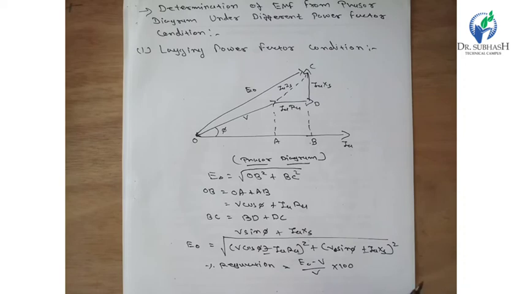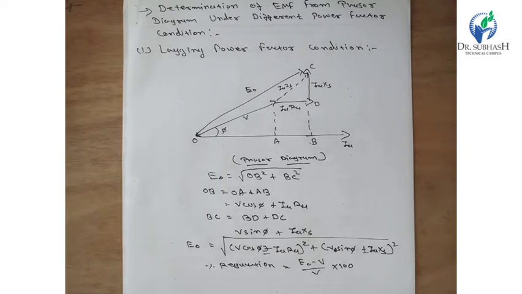The regulation found by this method is always more than that found by the direct loading test. Hence the EMF method is called a pessimistic method. The value of impedance ZS is not constant in this method.